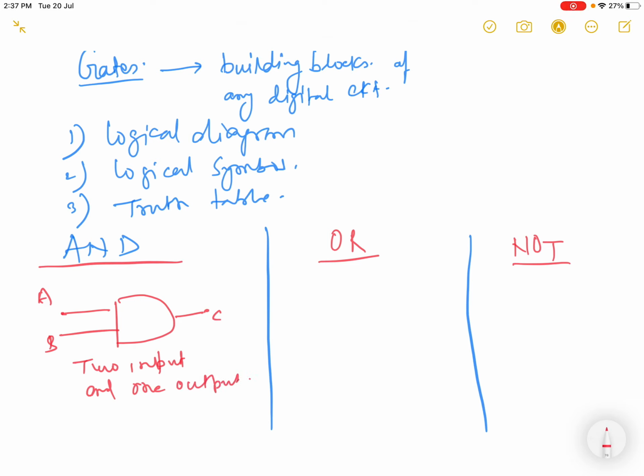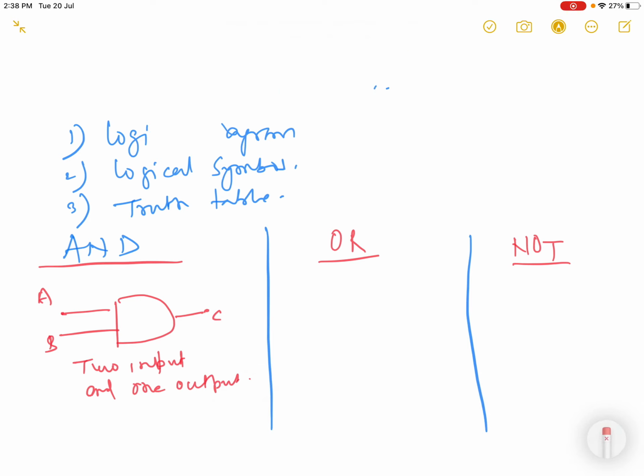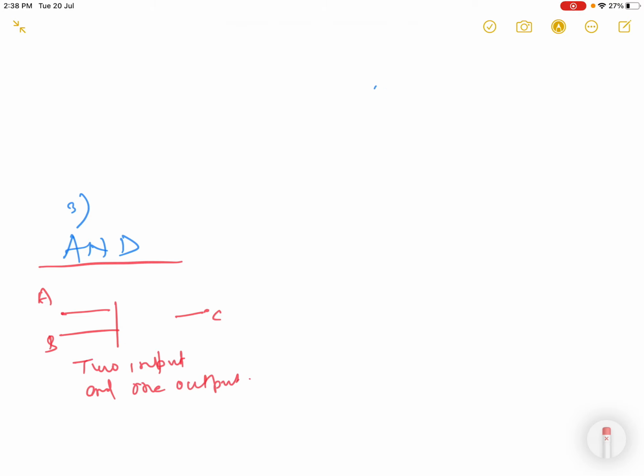Okay, two inputs and one output. Let me draw very clearly.